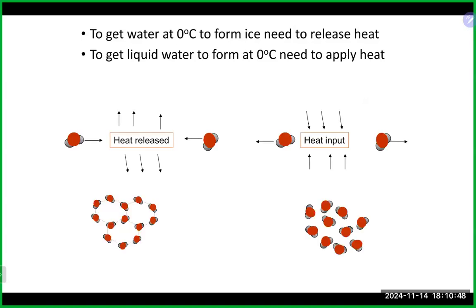Now, to get water at 0 degrees to turn to ice, we have to release that heat and energy. And to get liquid water to form at 0 degrees, we have to apply energy. As we release energy, the hydrogen bonds in water, because they lack that much energy, create these big holes, or empty spaces, between the water molecules as it starts to freeze.